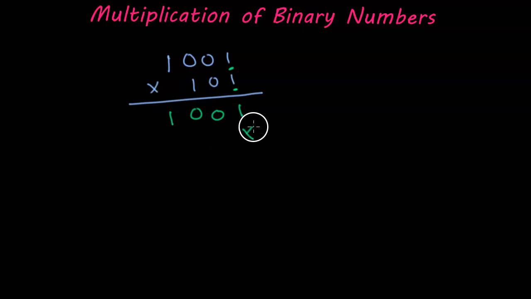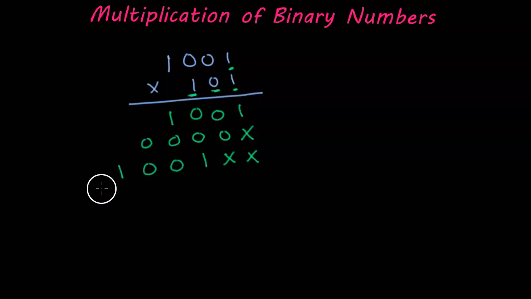Then you leave this place empty as you do in a normal decimal number multiplication. Then you multiply this 0 with all of these digits. So it's 0 into 1 is 0, 0 into 0 is 0, again 0 and 0. Then you leave two spaces empty and then you multiply with this 1. So 1 into 1 is 1, 1 into 0 is 0, 1 into 0 is 0 and 1 into 1 is 1.